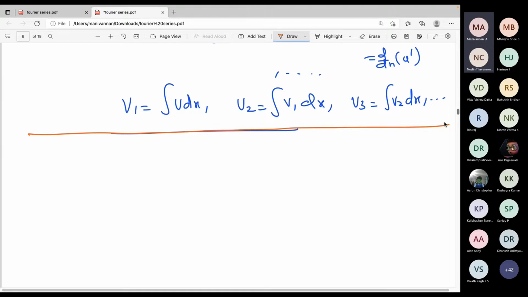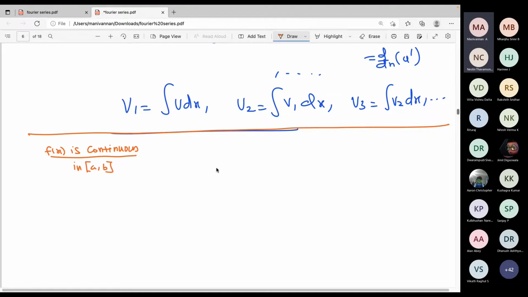Okay, so my f of x is continuous in some interval a comma b.